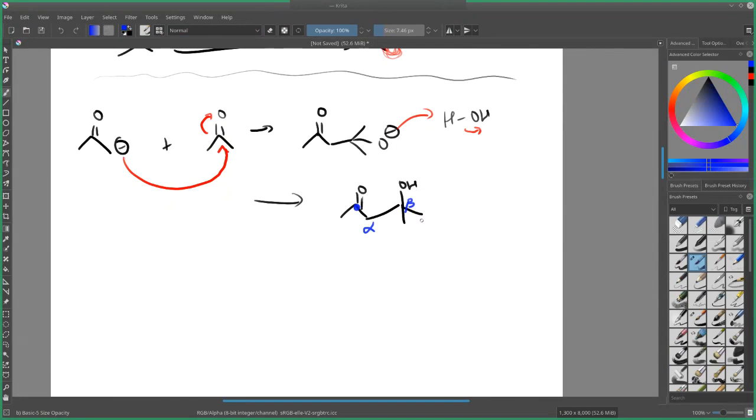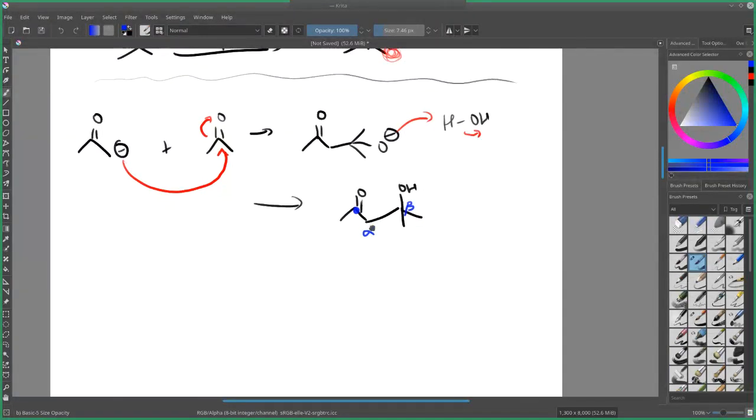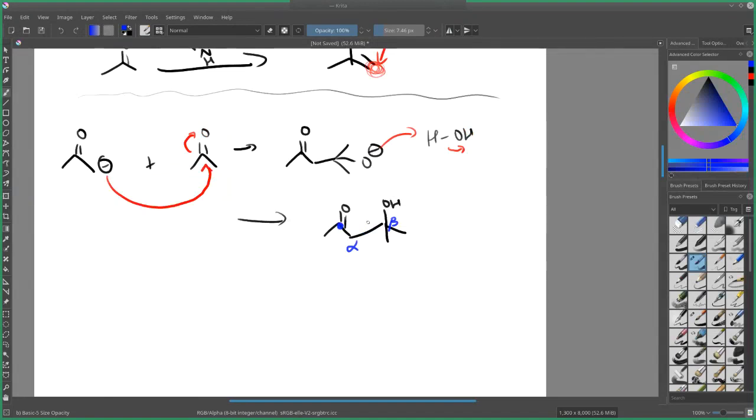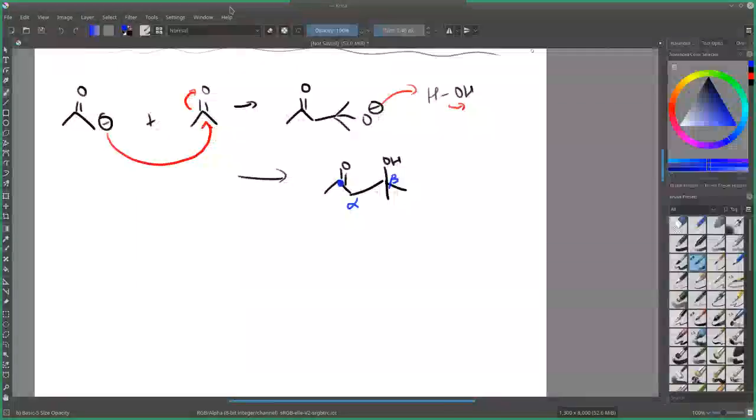So now we have an alcohol that's beta to the carbonyl, right? And maybe this isn't super revolutionary to you. You might think, all right, whatever. That's kind of neat. But the position that things are relative to ketones will wind up mattering a lot.